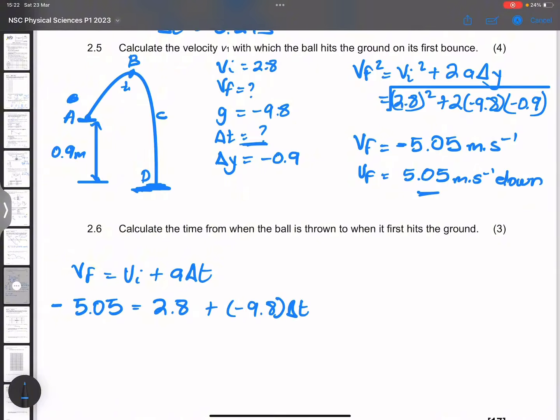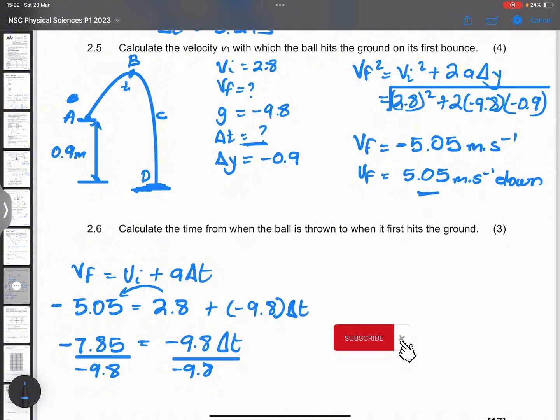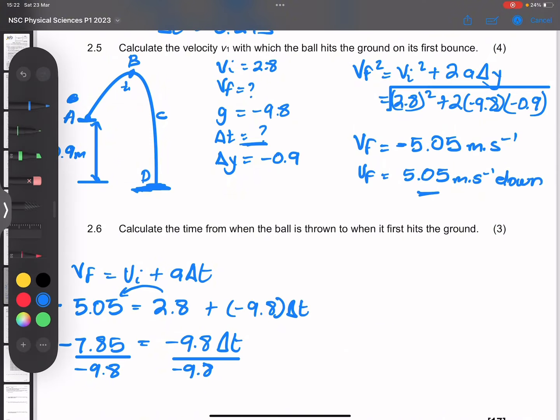Okay, so if I take this to the other side, I get minus 7.85, negative 9.8 delta t. And here's another very important thing, ladies and gents. If you ever get a negative time, then that's an indication that something went wrong, either in your substitution or in your calculation, right?